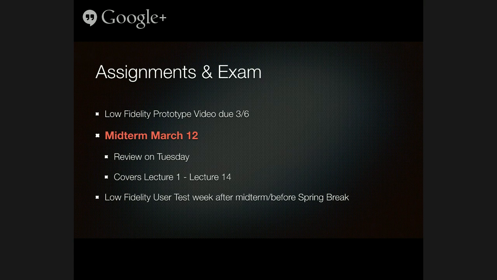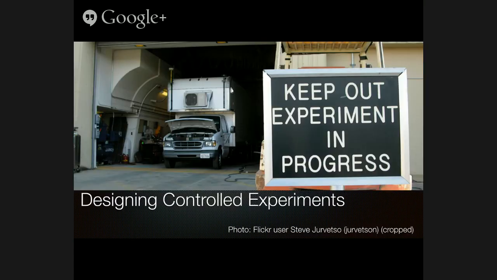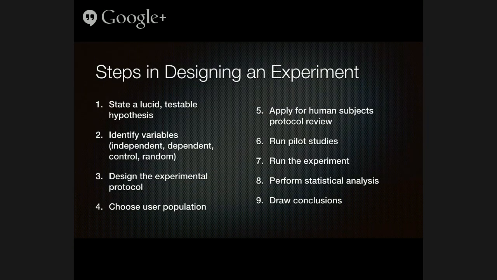Cool? All right, so we're going to dig into the nitty-gritty details of experimental design now. What fun. So this is based on your reading and a number of other things. But we're going to go through one by one all of these steps for experimental design, how to build a real controlled quantitative experiment.